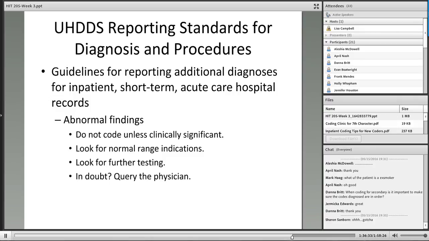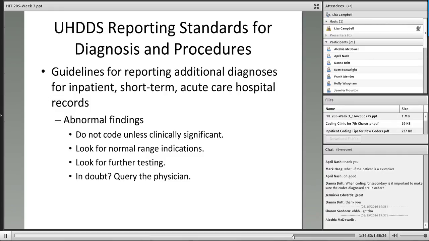In this case, you have to query the provider, especially if you see a situation where the provider has given the patient antibiotics. So if they have pneumonia, the lab report says staphylococcal, and they're giving them antibiotics, more than likely it's staphylococcal pneumonia, right? But we as the coder cannot just diagnose the patient. We have to query the provider and let him tell us what he wants us to do.